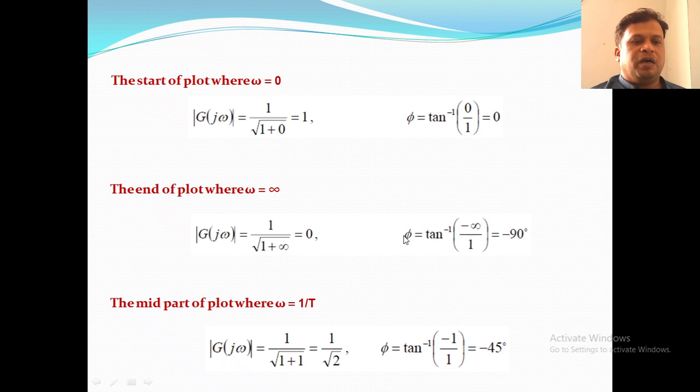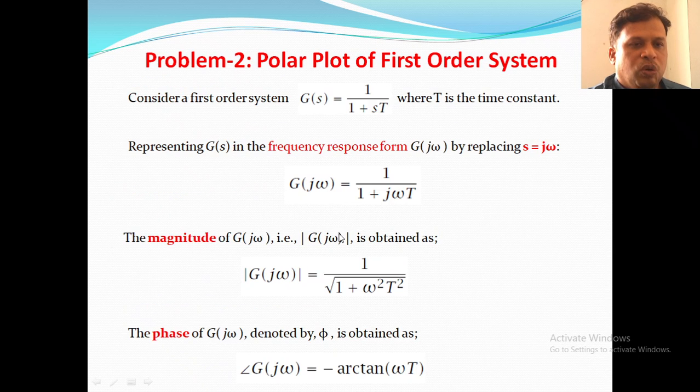Now the mid part of plot where omega is equal to 1 by T. So we are having this equation where omega is equal to 0, omega is equal to infinity, and omega is equal to 1 by T. Why?